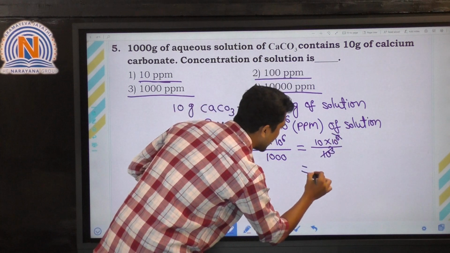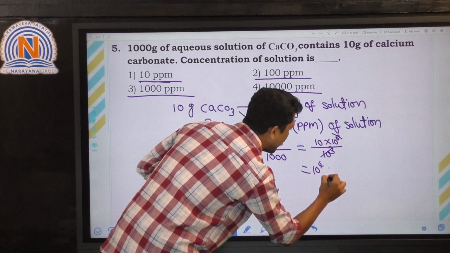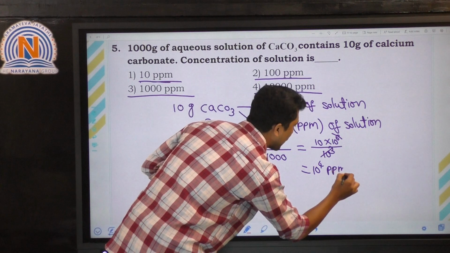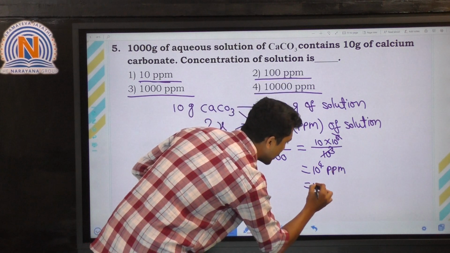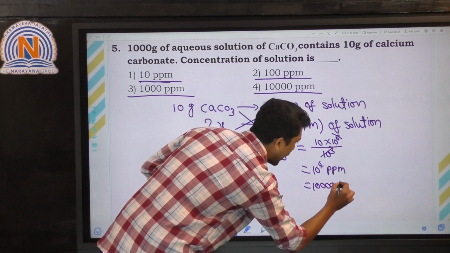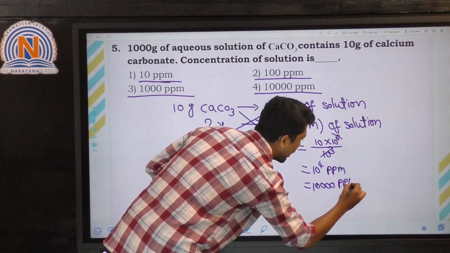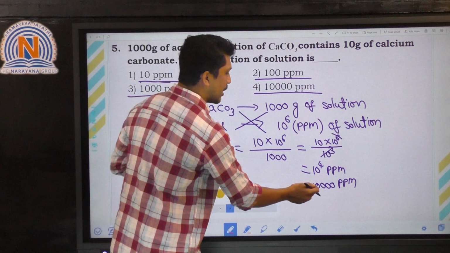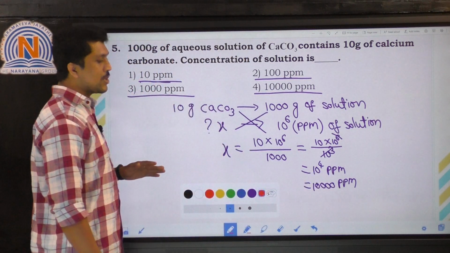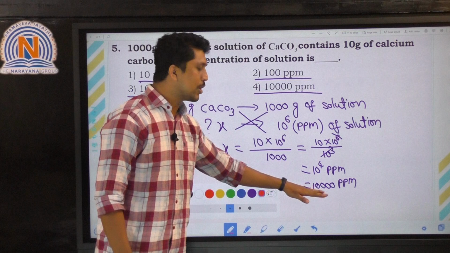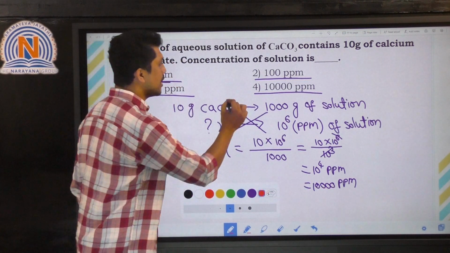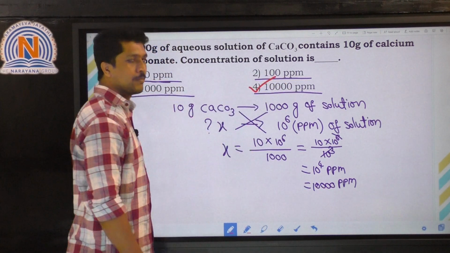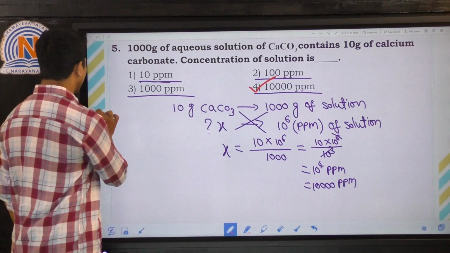You will get 10 power 4 ppm, that is equal to 10,000 parts per million. So the final concentration of the solution is 10,000 parts per million. The correct option is the fourth option, right?